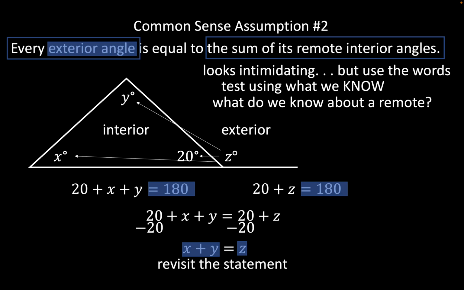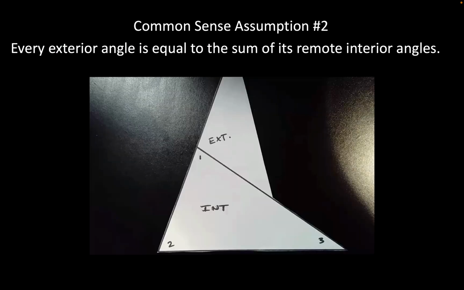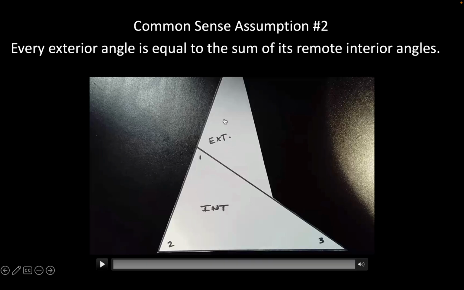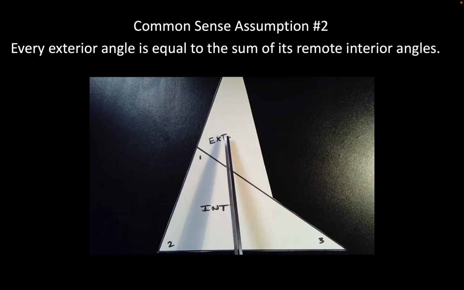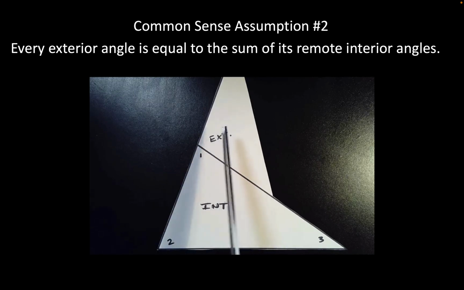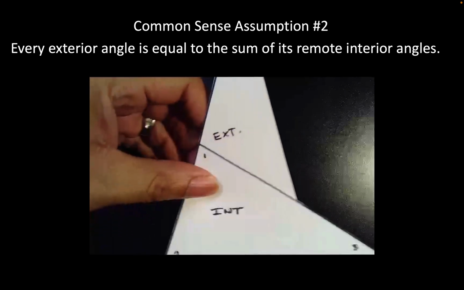As I said, this is important, but it's not absolutely important because you can typically work your way around it. I also made a short video showing you. In this video, you have your exterior angle out there, and you have your remote interior angles there, and I'm going to show you by working this out that angle 2 and angle 3, if you put them together, make the value of your exterior angle.